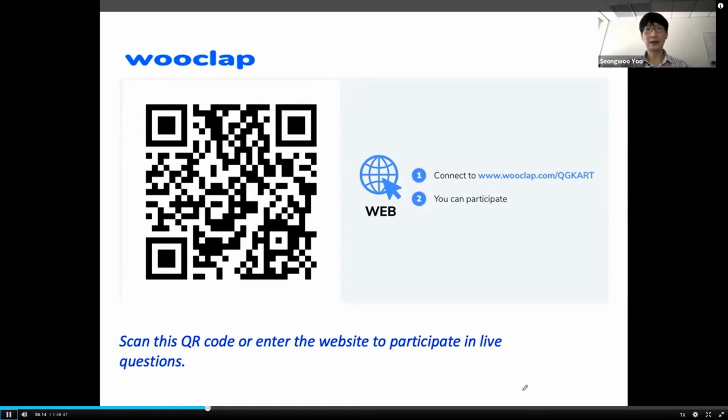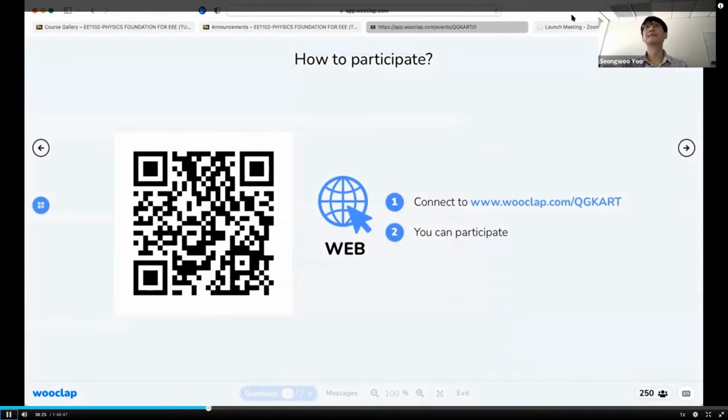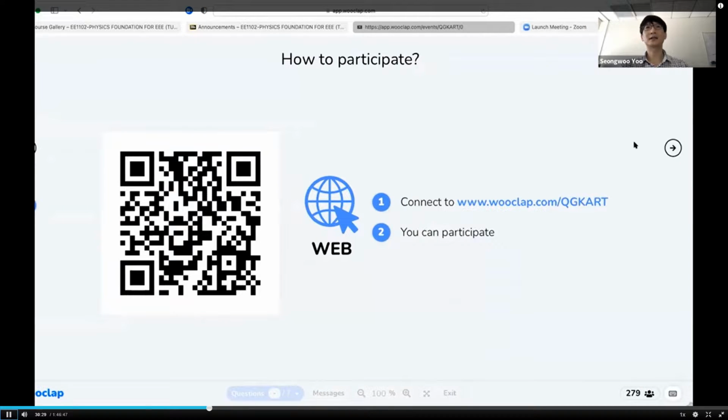I will also change the screen. Please scan this QR code, and then we will start the Wooclap questions. But before that, I have one question from you. Let me read the question.